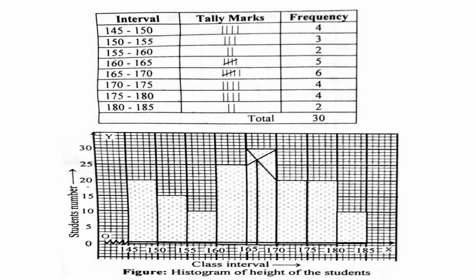On the y-axis we have taken 5 small squares as 1 unit. So frequency 4 will cover 0 to 20. On the y-axis 5 small squares is 1 unit. So this is the histogram of 30 students.